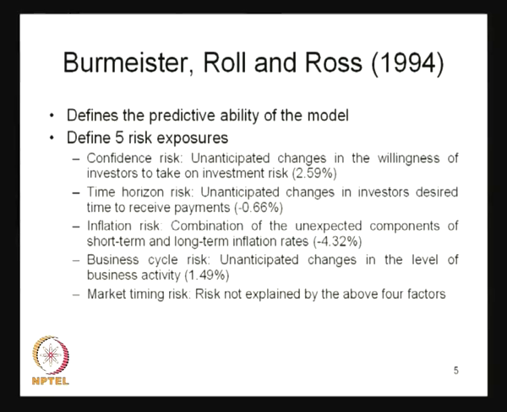What do we mean by predictive ability? That is basically related to the correct specification of the model, how far the model is correctly specified, and how far the model is really explaining the variation of the expected return of the stock in different time periods.